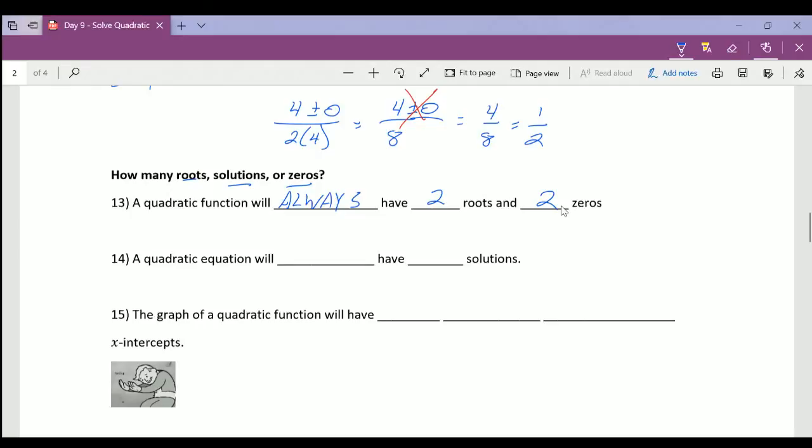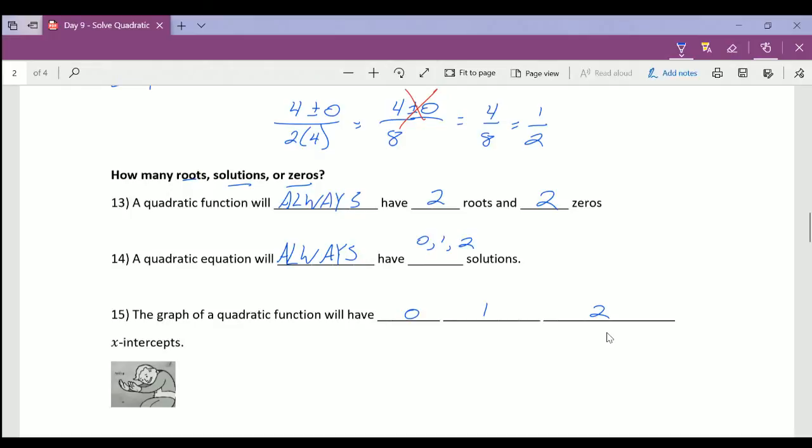A quadratic equation will always have one or 2 solutions. And the graph will have 0, 1, or 2 x-intercepts.